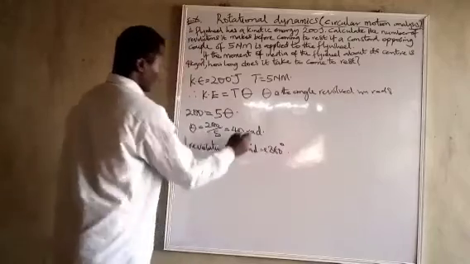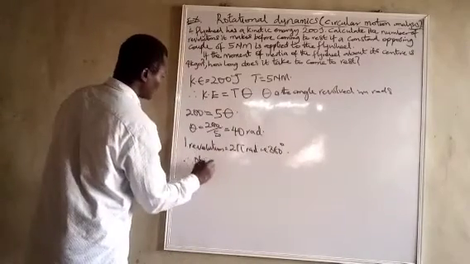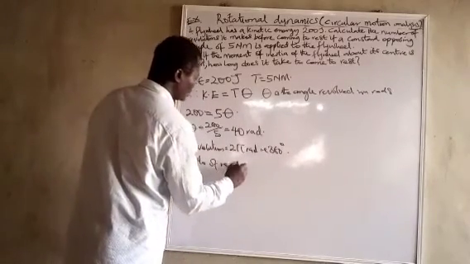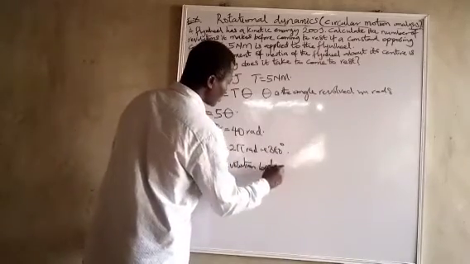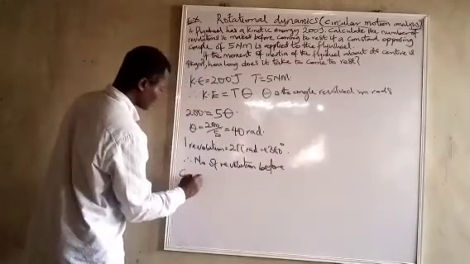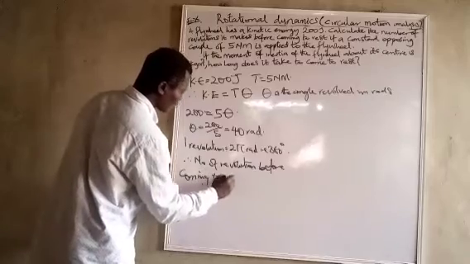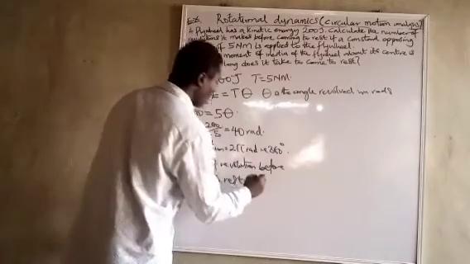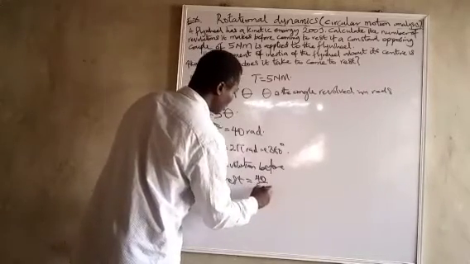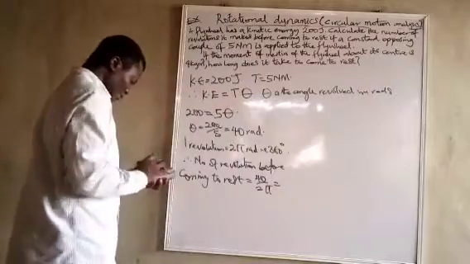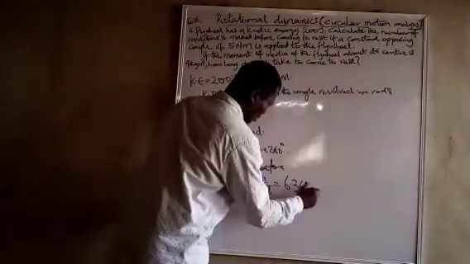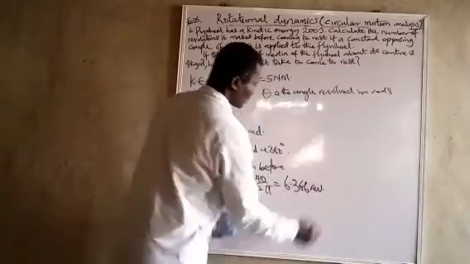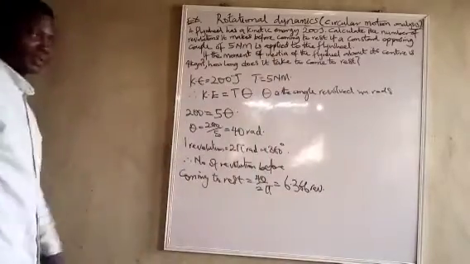Therefore, number of revolutions before coming to rest will be equal to 40 divided by 2 pi, and that is 6.366 revolutions. That is the number of revolutions it makes before coming to rest.